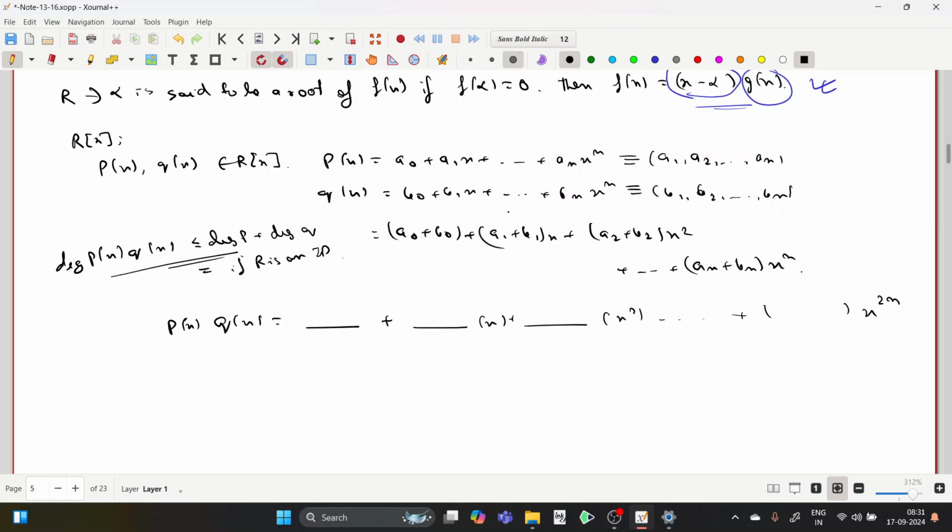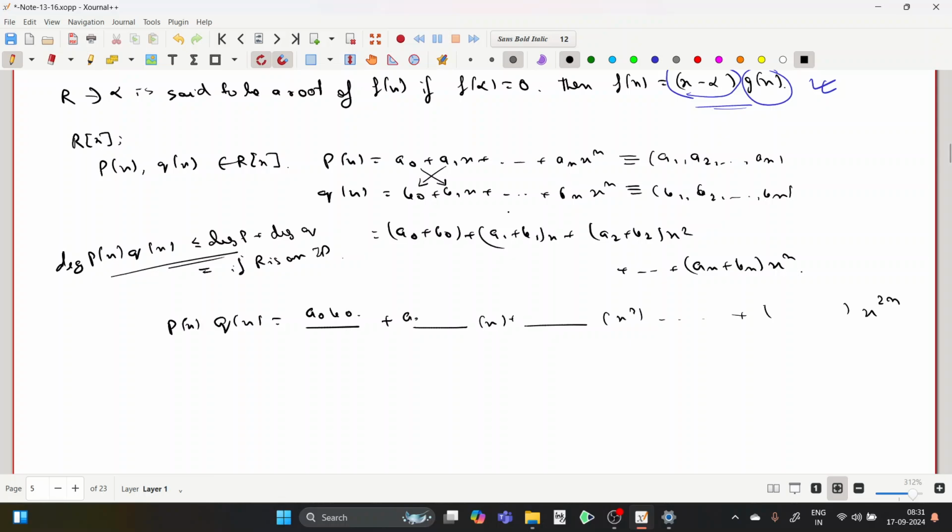Right? Now, what should be the coefficients? If you relate to this fact, a0 times b0 will be the constant term. The constant term is the term with no x. Then what should be the element which will act as the coefficient of x? You can observe that if you multiply a1x with b0 and a0 with b1x, you will get the coefficient which has x.